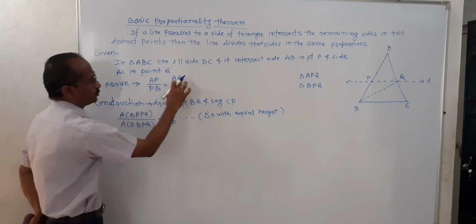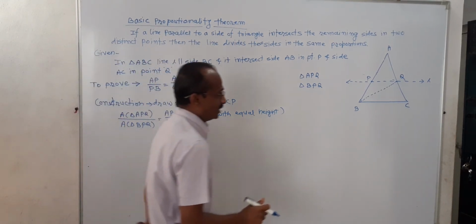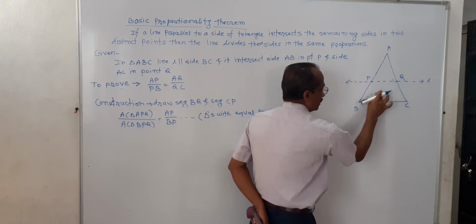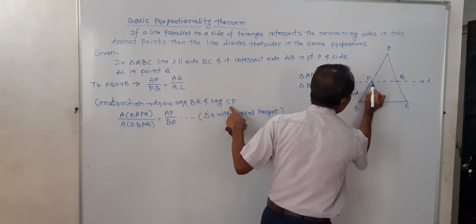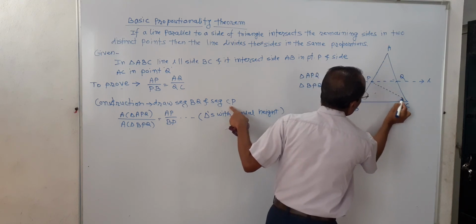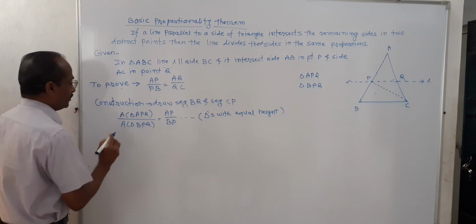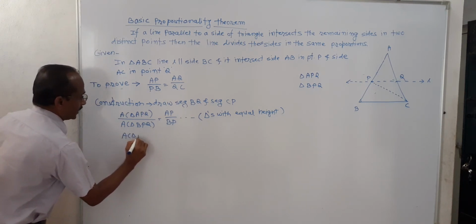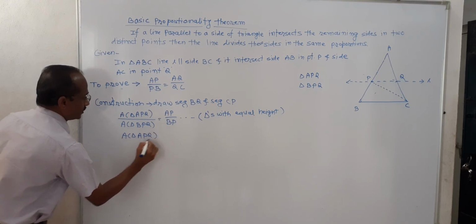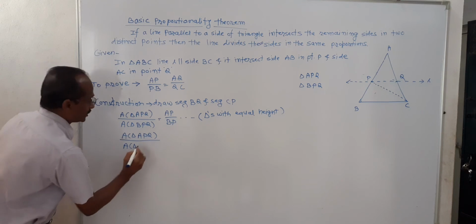Now which two triangles are used to get the ratio AQ by QC? Consider the other construction, that is segment CP. Take the pair on your right-hand side, triangle APQ and triangle CPQ. Area of triangle APQ divided by area of triangle CPQ.